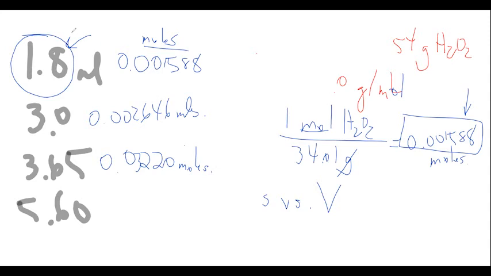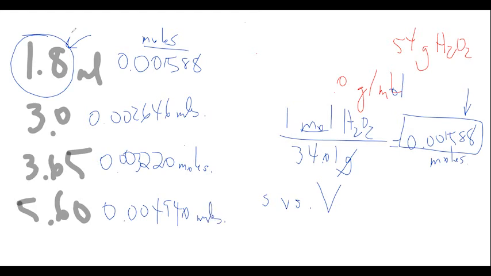And 5.6, which is too much, I found out. It gave me more than 50 mils of gas, so this is not going to be very accurate. 0.04940 moles.